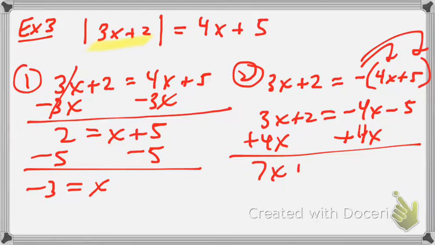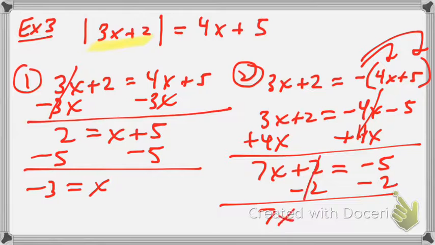So I get 7x plus 2 equals negative 5. I'm going to subtract 2. So 7x equals negative 7. Divide by 7. X equals negative 1.